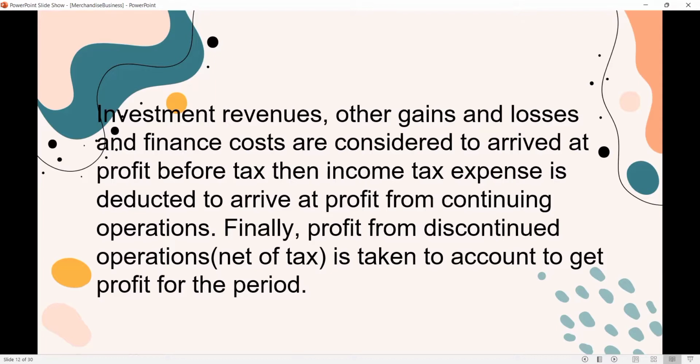Tapos yung investment revenues i-add kasi income yun. Tapos makukuha na doon yung profit from continuing operations. Tapos i-add yung profit from discontinued operations, makukuha yung profit. So next.